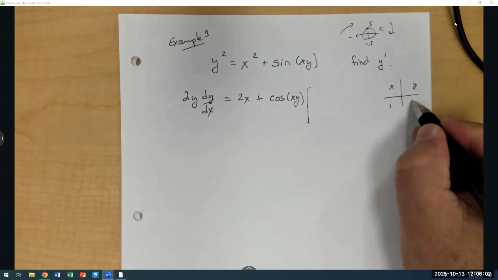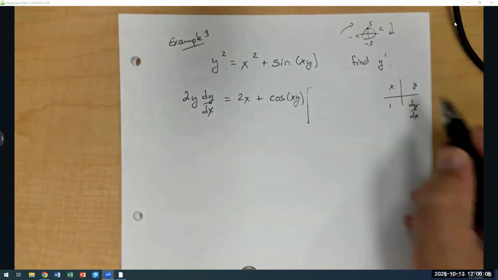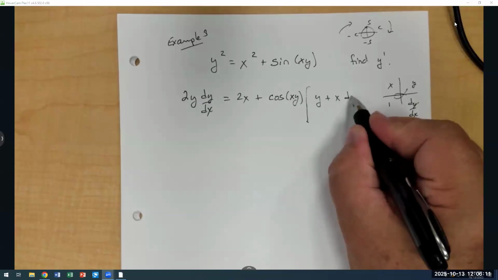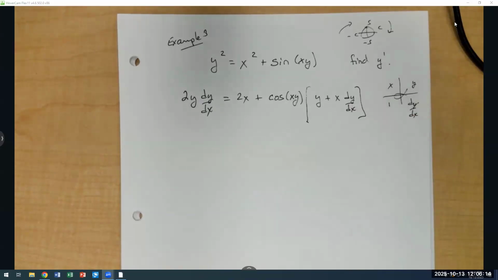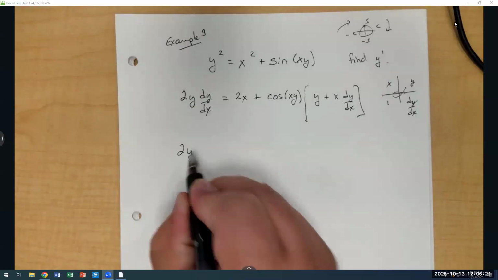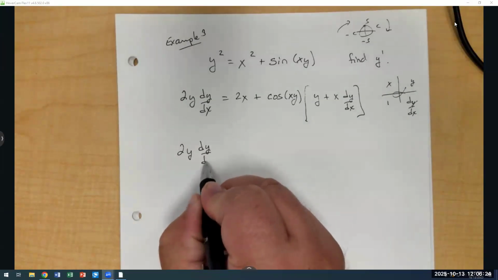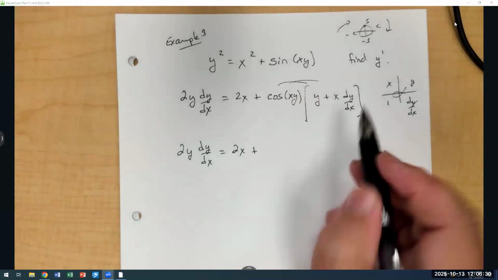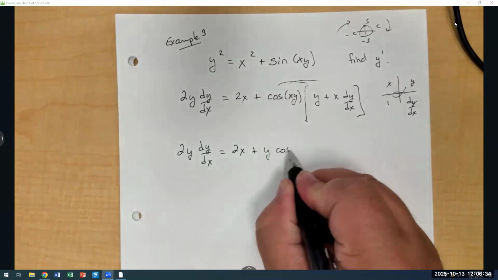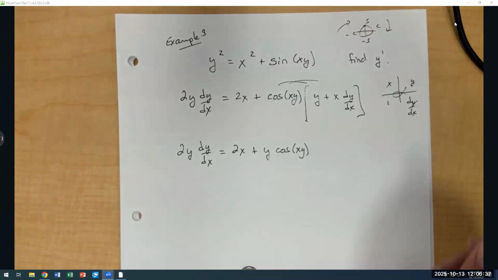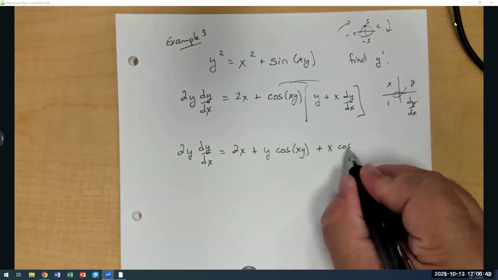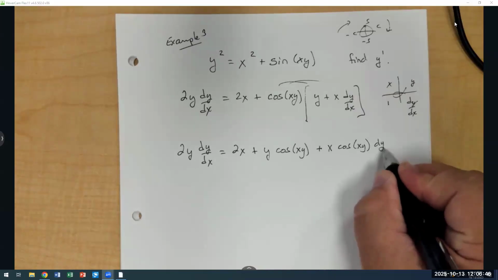Derivative of x is 1, derivative of y is dy/dx. y plus x dy/dx. So 2y dy/dx equals 2x plus, distribute that, y cosine xy plus x cosine xy dy/dx.